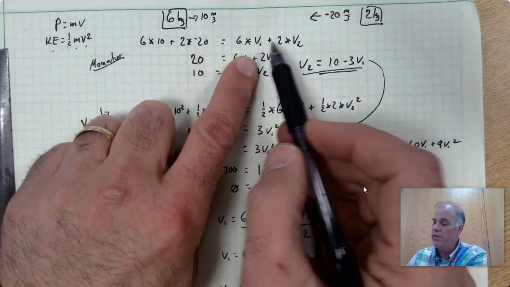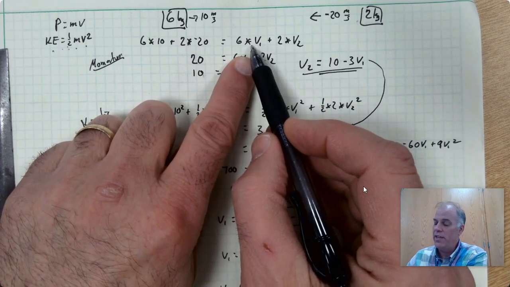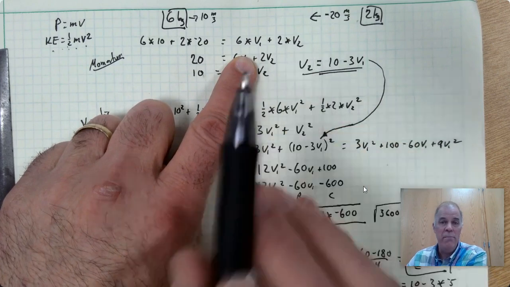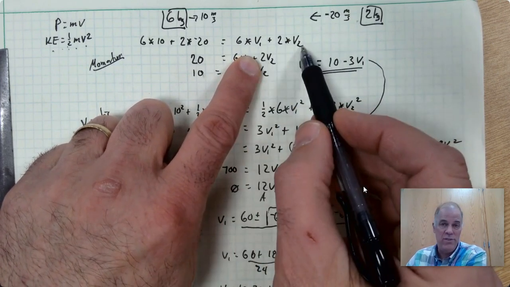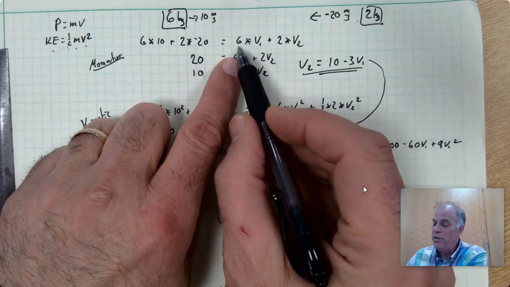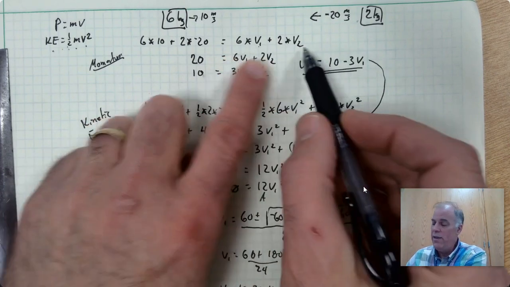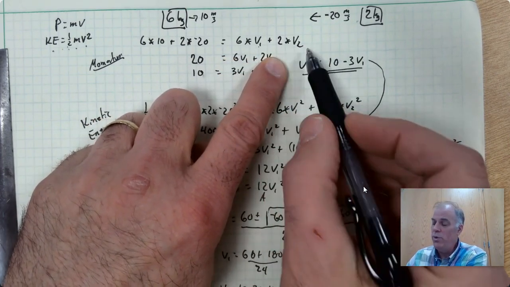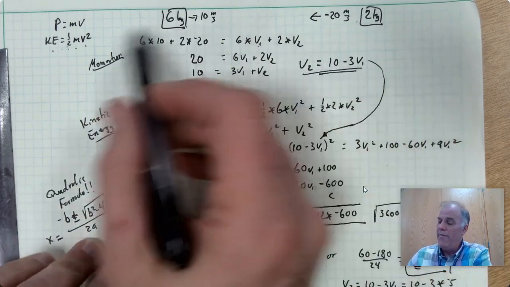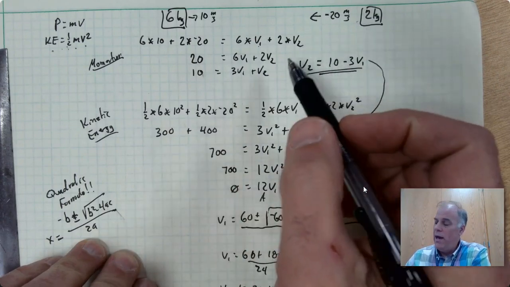And we set that equal to the momentum of the 6 kilogram block plus the 2 kilogram block after the collision, but we don't know the speeds. So this is the momentum of the first, 6 times whatever the final speed is. This is the momentum of the second, 2 times whatever the final speed is. And that is a true statement.